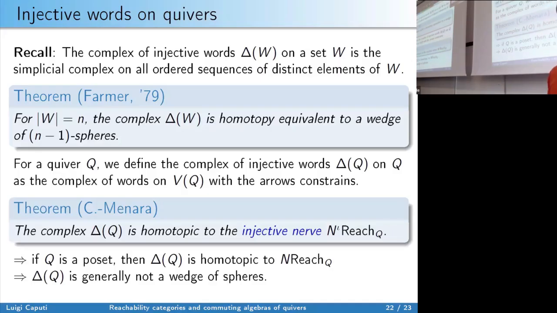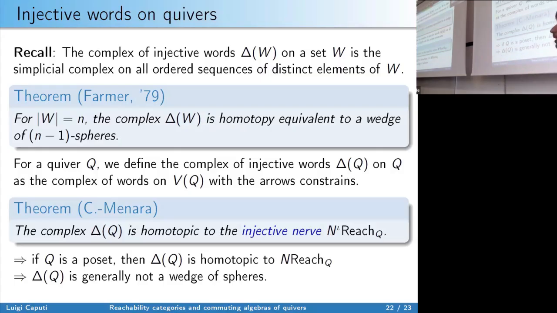On the other hand, we have seen that associating to graphs some invariants is always interesting. So what we could do is extend the definition of the complex of injective words from sets to graphs, and there is a standard way. The words are going to be on the letters, which are the vertices of the graph. And we put two letters one after the other if there is a direct edge in the quiver.